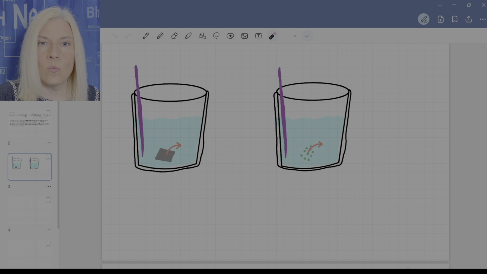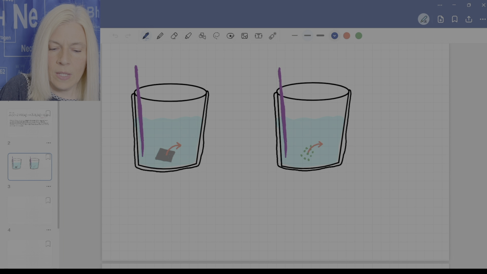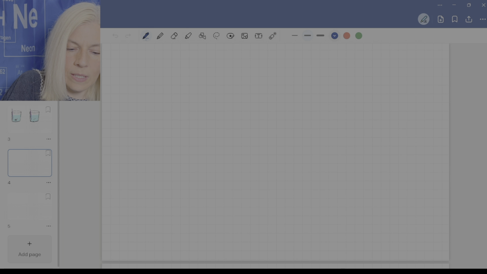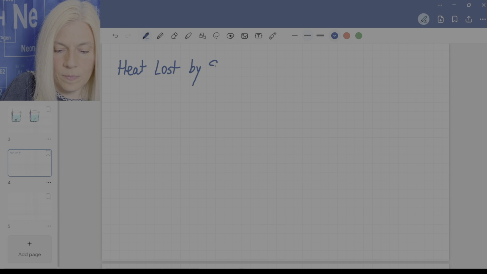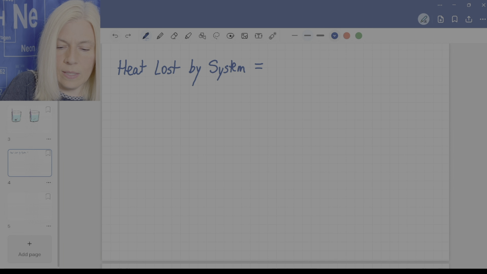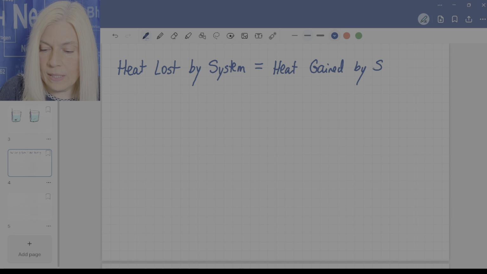So let's write this down. We're going to use the same thinking as we did before. Again, we have heat lost by the system has to be that same heat gained by the surroundings.